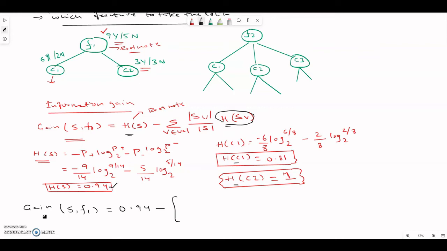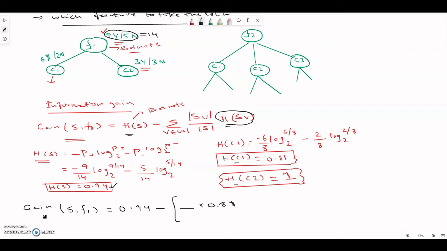H of S_V will be 0.81, multiplied by the fraction of samples: we have a total of 14 samples here, 9 plus 5 is equal to 14.